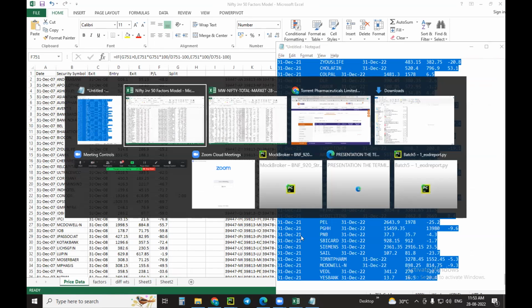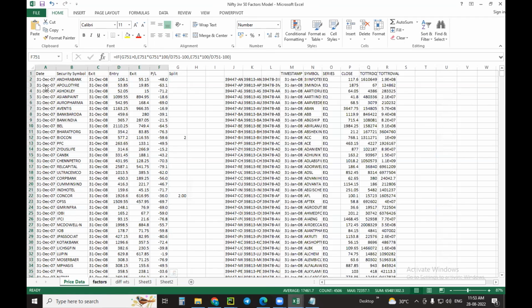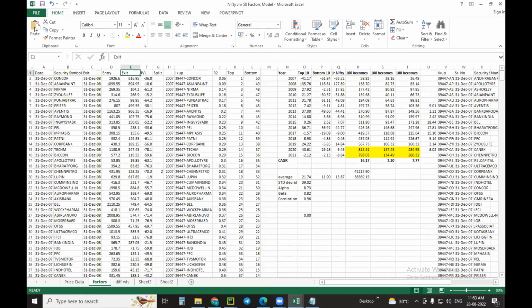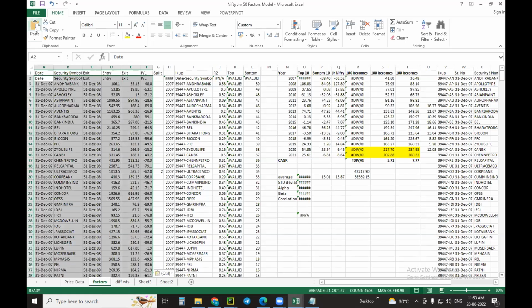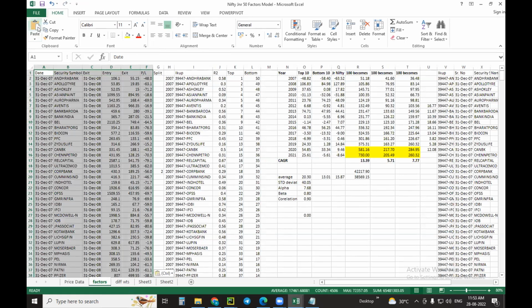Go to that factor sheet. All right. So now we have the data. So write the headings for market cap in the J. Adjust the VLOOKUP in J2.